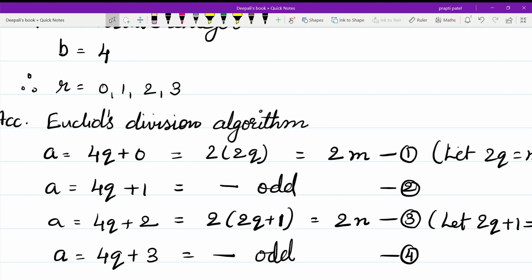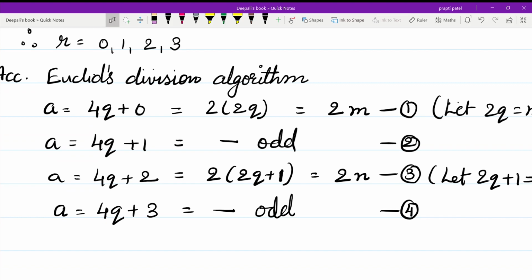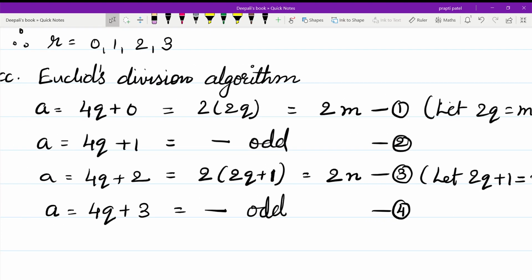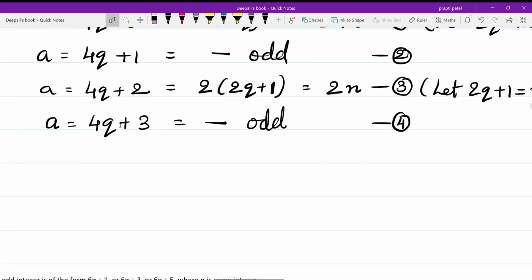Next, a is equal to 4q plus 1 cannot be written as a multiple of 2. So it is an odd number. The next number 4q plus 2 is equal to 2 into 2q plus 1, which is equal to 2n. Let 2q plus 1 is equal to n, so it can be written in the form of a multiple of 2. So it is an even number. Now a is equal to 4q plus 3 is an odd number as it cannot be written in the form of a multiple of 2.